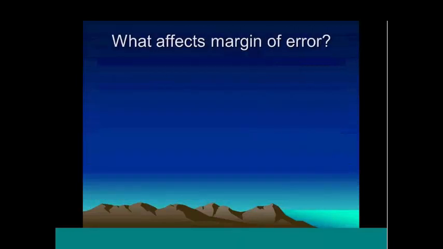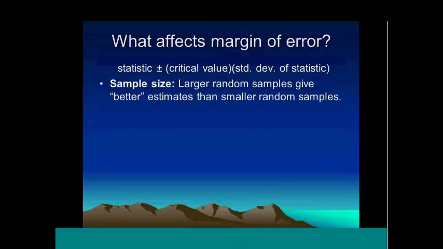So we saw one of the things that affects the margin of error in that last applet. We saw that the confidence level affects the margin of error or the width of the confidence interval. But we can study our formula and understand why that is, as well as the other thing that affects margin of error. The biggest one is sample size. Larger random samples give, I'm putting better, but more precise estimates than smaller random samples.